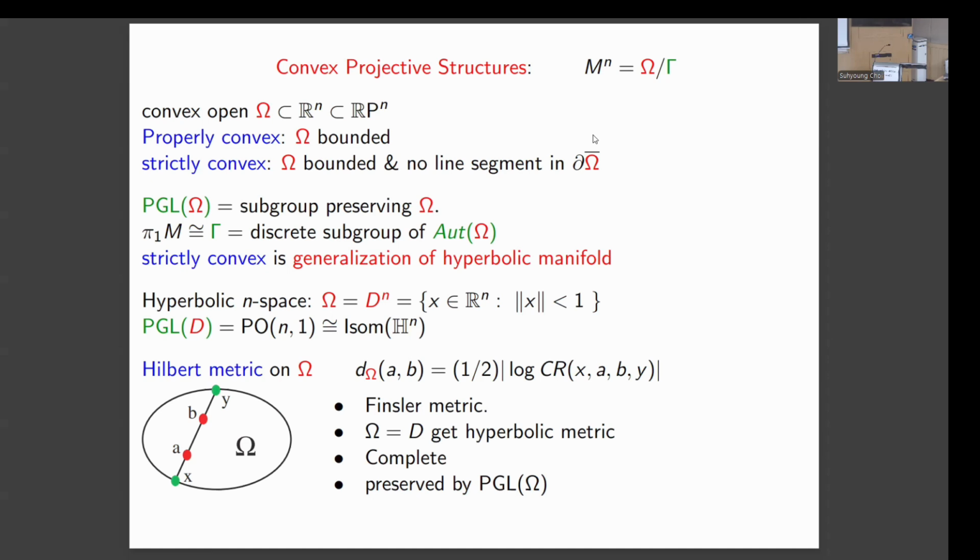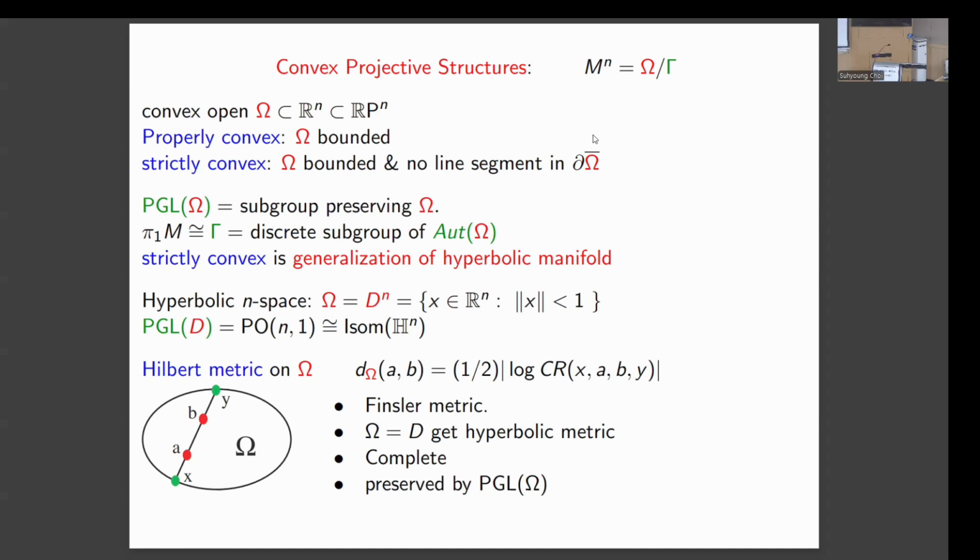In general, projective transformations don't preserve any metric, but when you have a properly convex domain omega, there is a metric on the interior called the Hilbert metric. And it's defined as follows. If you take two points in the interior, there's some line segment in omega whose endpoints are on the boundary of omega.